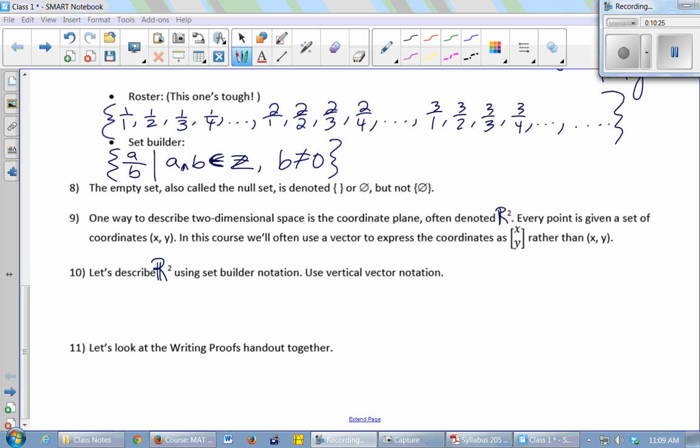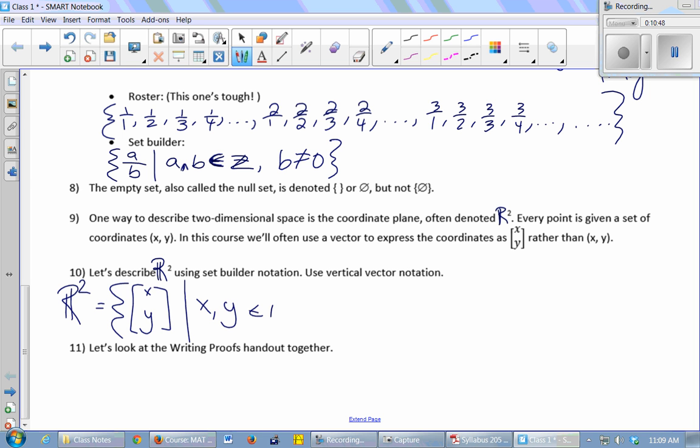So if I want to describe R2 using set builder notation and this new vertical vector notation, I would say R2, that set, is the set of all vectors x, y, such that x and y are elements of the real numbers.